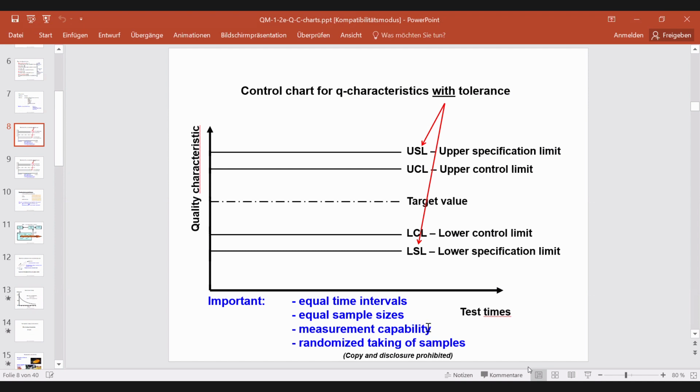The measurement equipment must be capable. They have to show the customer the measurement capability, and the taking of the samples must be randomized. So every part must have the same chance to get into the sample.